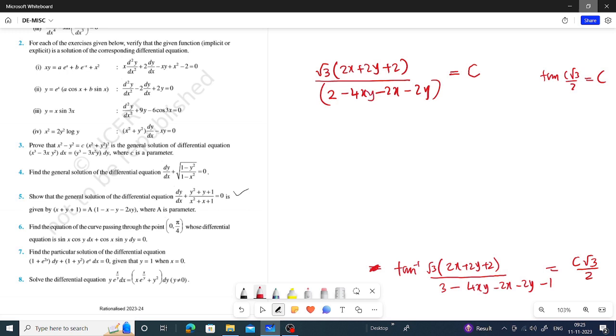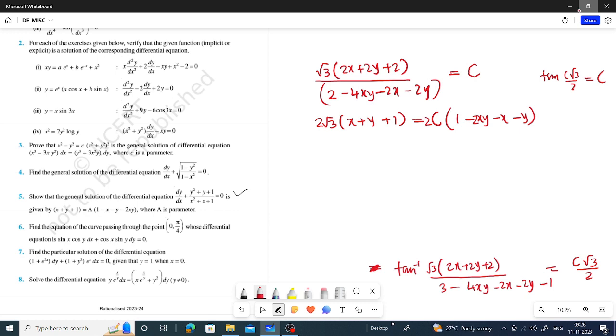So what we do is, we take root 3 into 2, I take outside 2 root 3. x plus y plus 1 is equal to c, which is a constant, into, again from this bracket also I can take 2 outside, 1 minus 2xy minus x minus y, that is exact term, 1 minus x minus y minus 2xy.